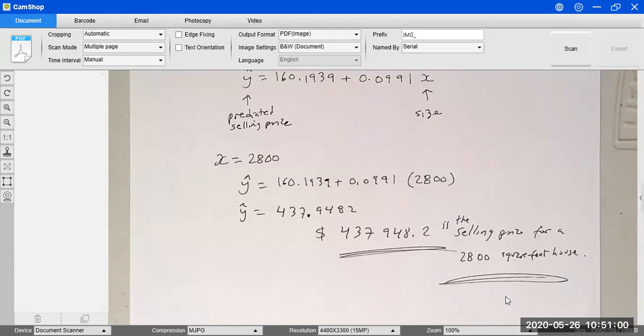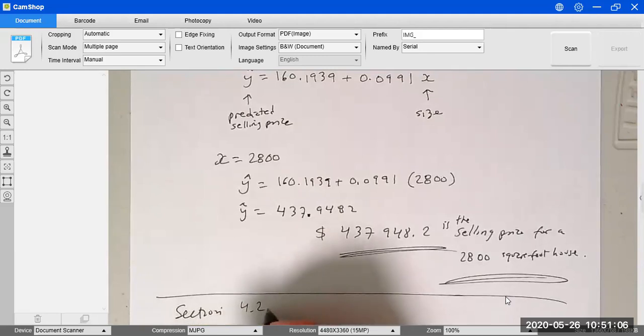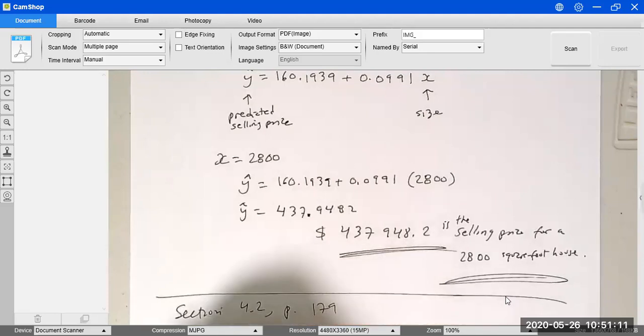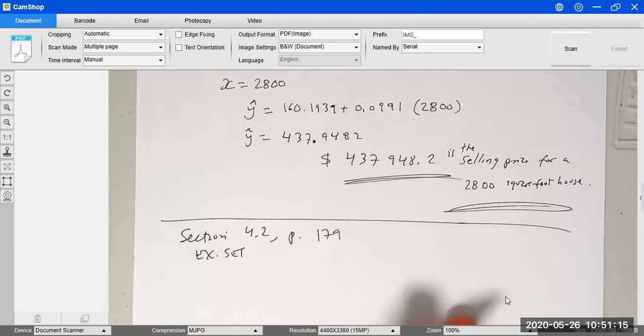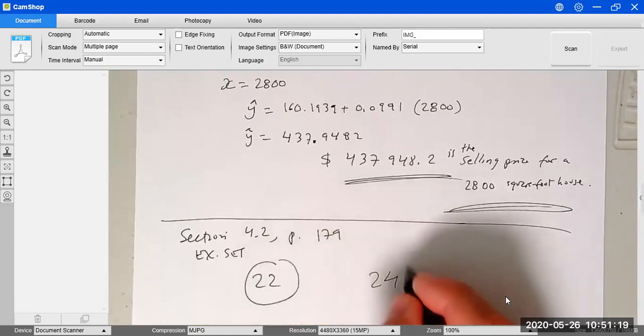So now it's going to be time for you to work. We have section 4.2 on page 179. We're going to work the exercise set. There are going to be two problems for you to solve, problems 22 and 24.